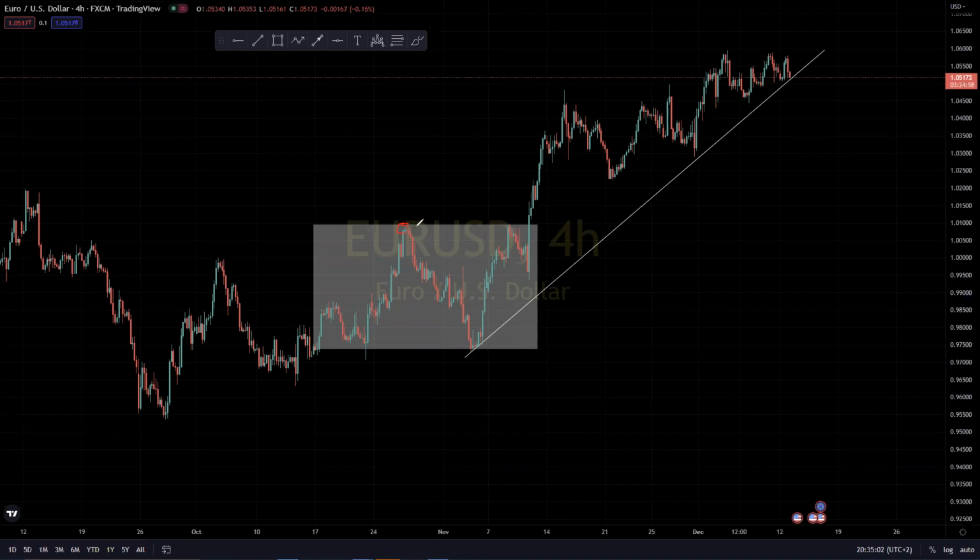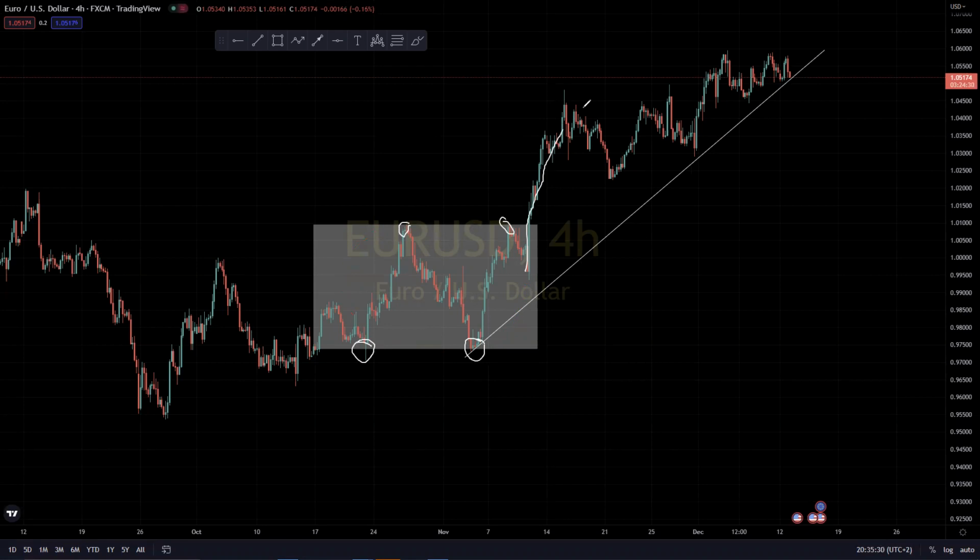The market here made a range until finally it broke out and went up. Here it created equal highs and equal lows, until it broke above.